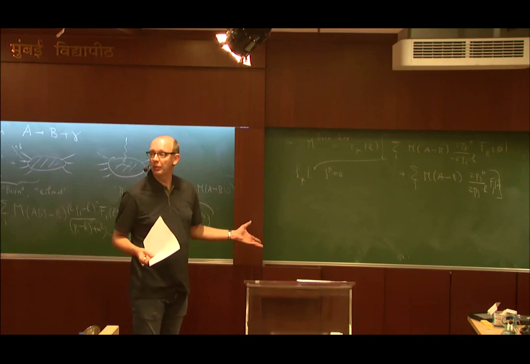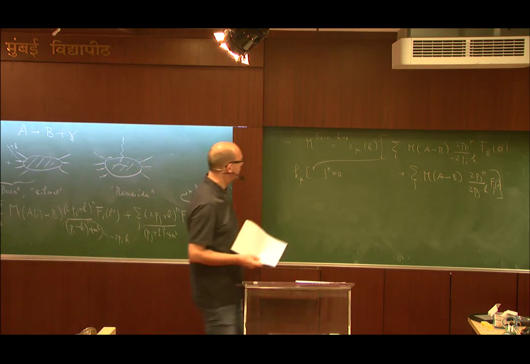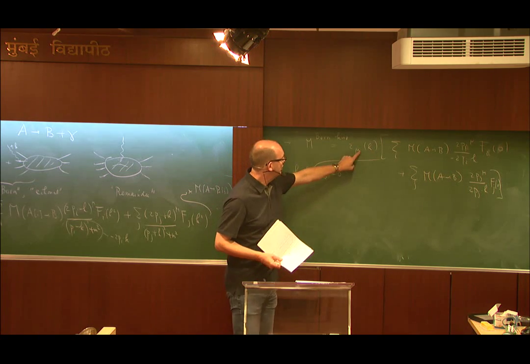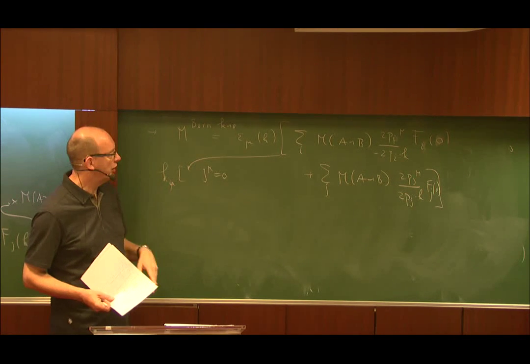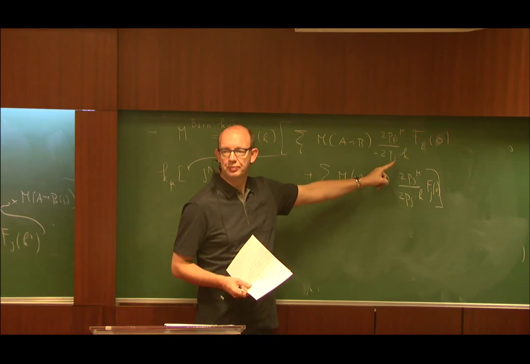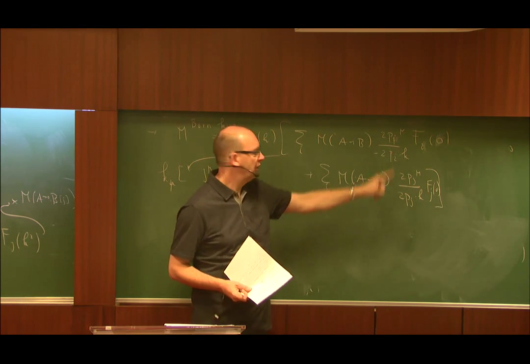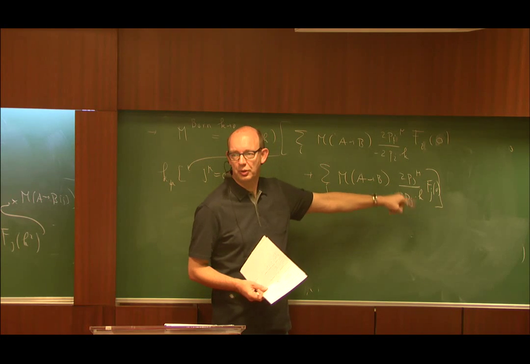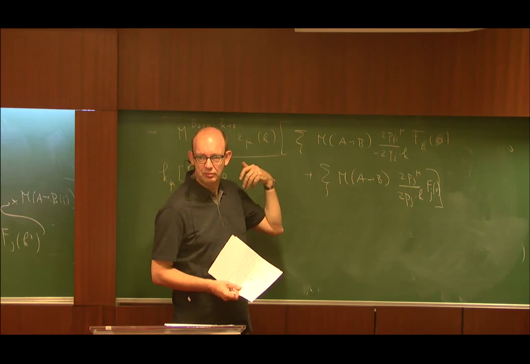So far, following me? Now comes the last and final and crucial step. If I replace this by k mu, let's see what I get. I can contract this with k mu, and I get minus 1. I contract this with k mu, and I get plus 1. This M a to b comes out.